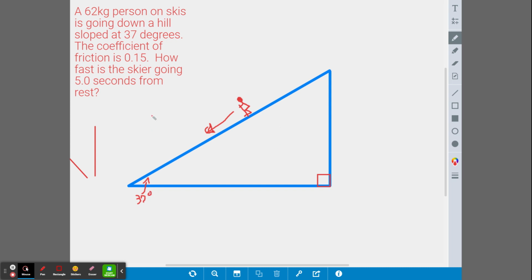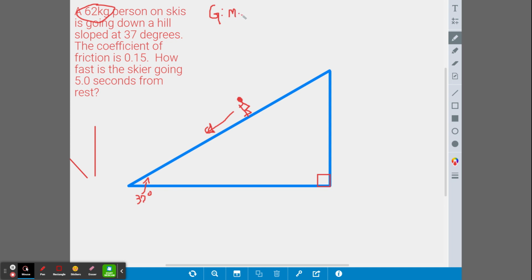And the question, and so let's talk about what we know. What are our givens? So we're given his mass is 62 kilograms.